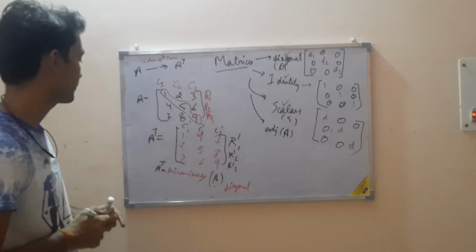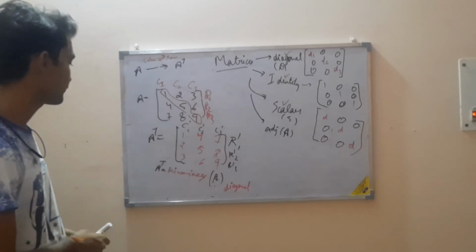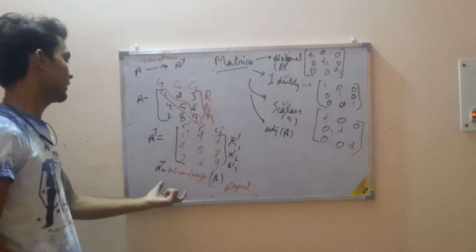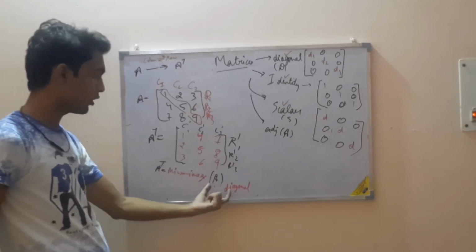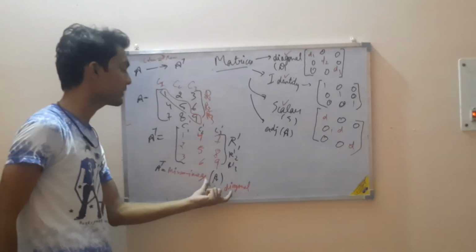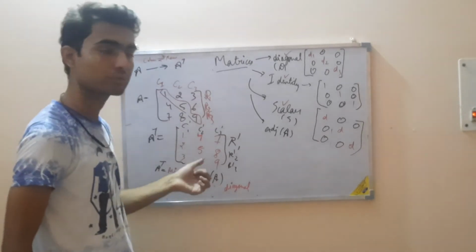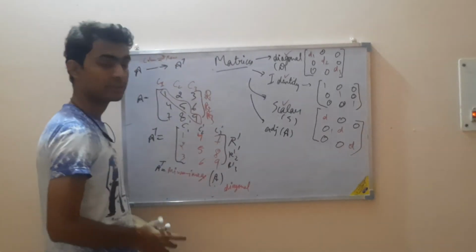Okay, so A transpose is the mirror image of a matrix when the mirror is kept at the diagonal. Okay, so I hope it's clear now.